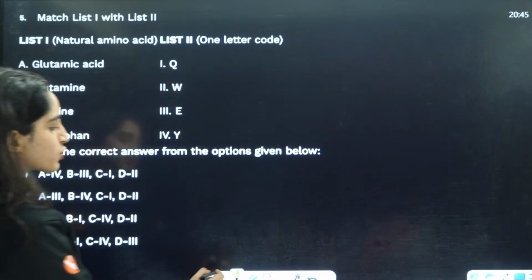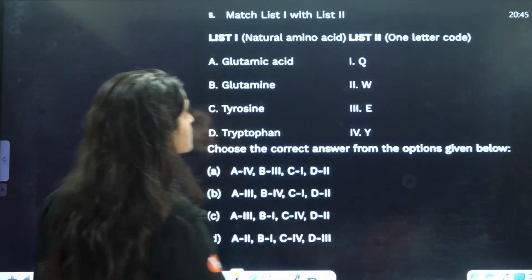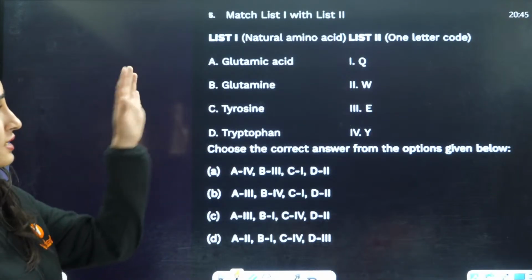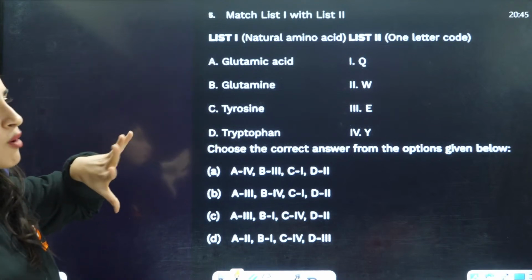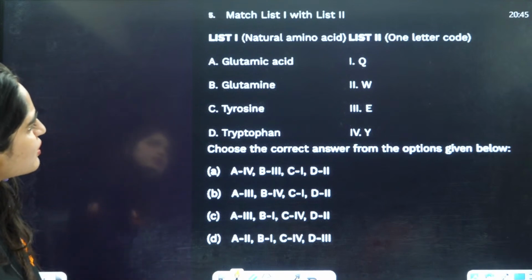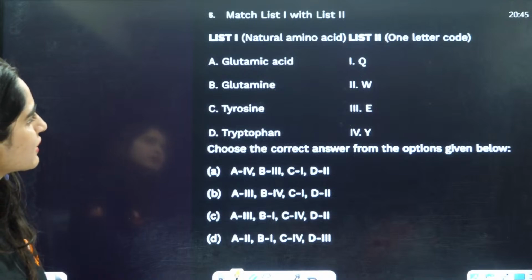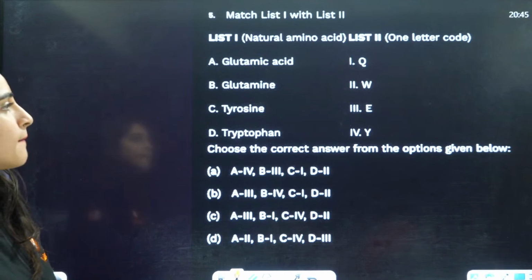Next question on your screen is basically from amino acids and biomolecules. They are asking about glutamic acid, natural amino acid, one letter code.